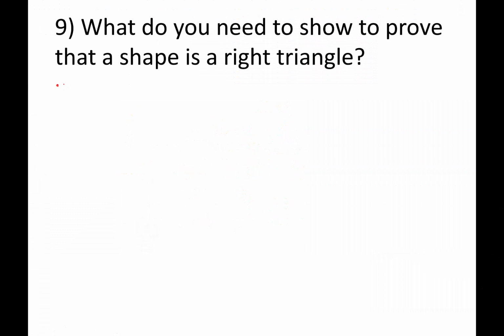We have 2 options. The first one is that we can show, I can't write, dear heaven, let me try this again. Okay, show that Pythagorean theorem is true. That's one option.